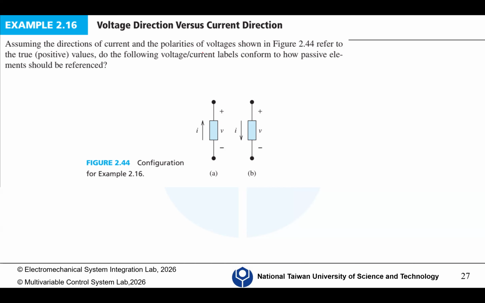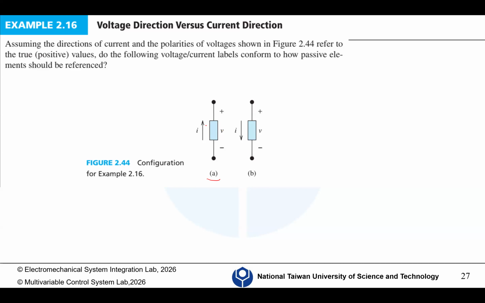Do the following voltage or current labels conform to how passive elements should be referenced? So we look at A, and we keep talking about this again and again. Assume this V and I are true positive values.